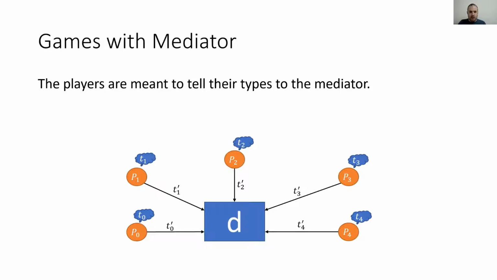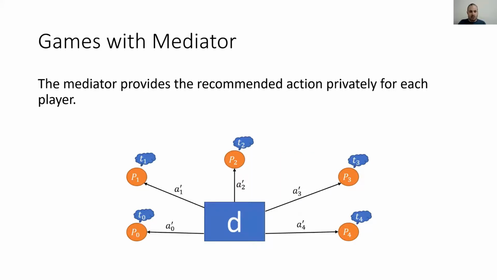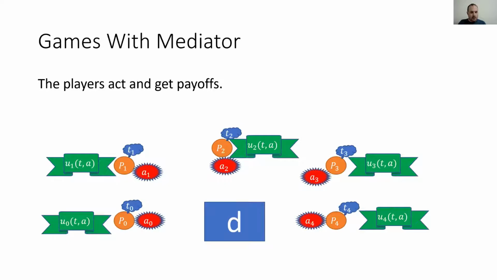Then the mediator computes a function D, which takes the types as input and outputs actions. Then the mediator recommends to each player, privately, an action. Then each player takes an action, not necessarily the recommended one, and gets the payoff according to the utility function.